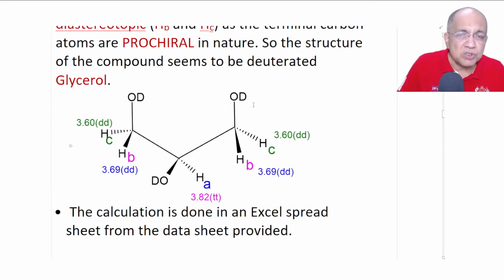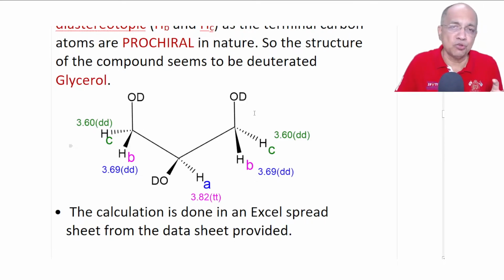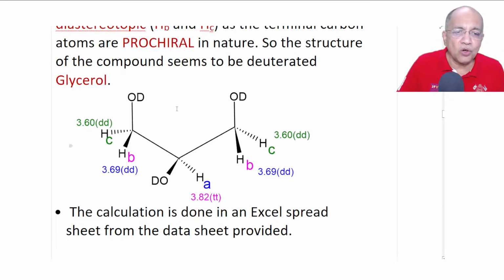They exchange with the deuterium, and deuterium has a strong bond with any atom than hydrogen. So when it is deuterium, there is no longer hydrogen, so there will be no proton peak. We are not observing deuterium. We are observing proton. So this OD of glycerol will not show any peak.